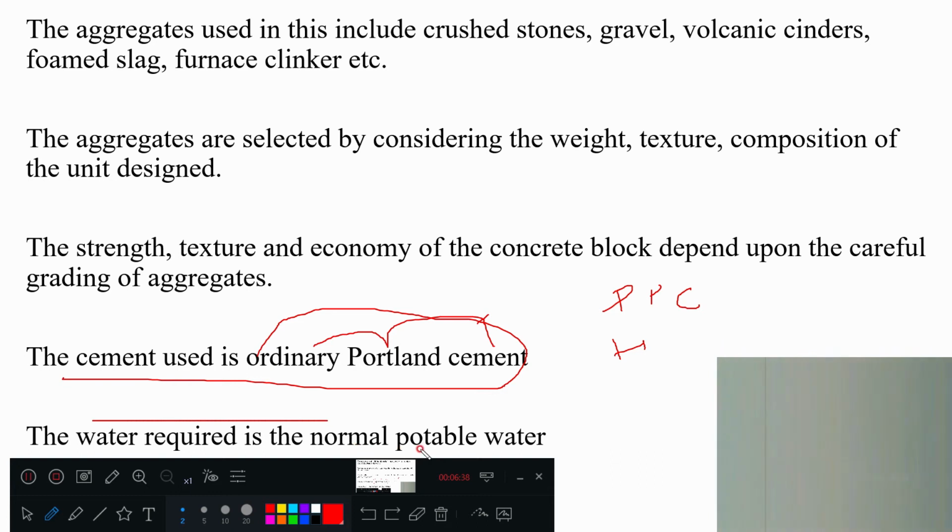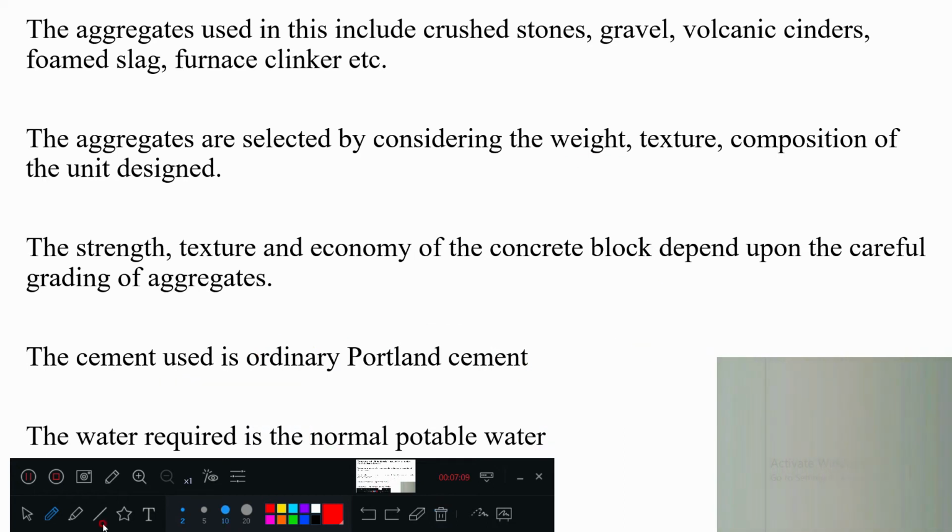Water used for preparing these concrete blocks should be normal potable water. Potable means fit for drinking purpose. So we have potable water quality, cement may be OPC type, and aggregates are selected depending upon the strength required and texture required. These are the raw materials used in the manufacturing of the cement concrete block.